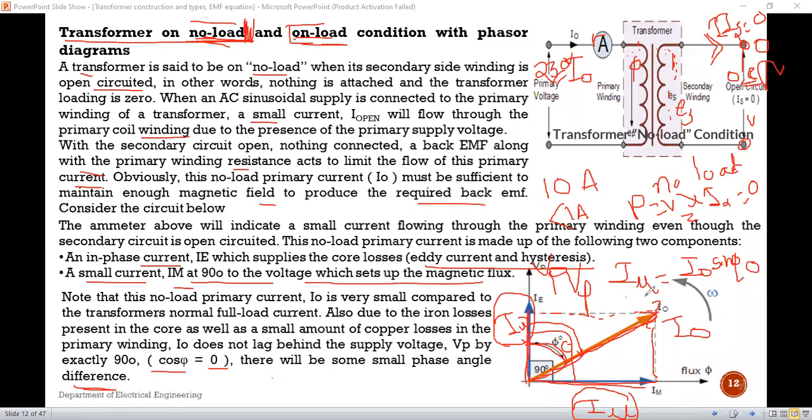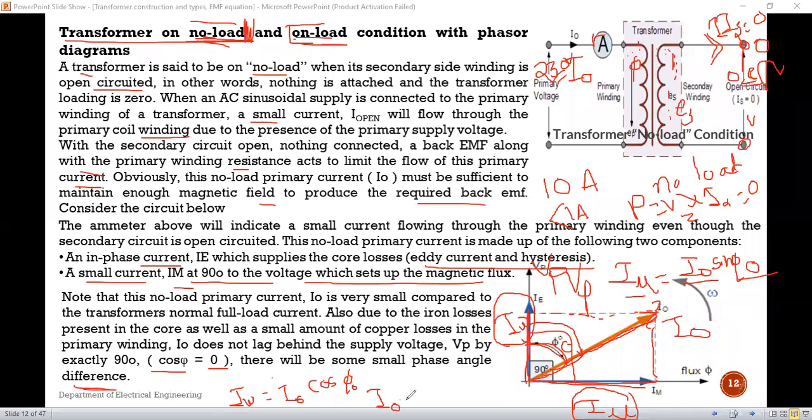So I mu is equal to I0 sine phi 0, and IW, that is the working component, is equal to I0 cos phi 0. According to this we are calculating the value of I0.